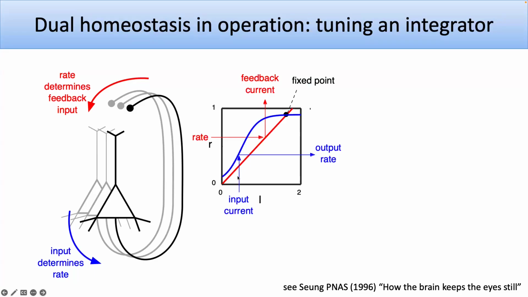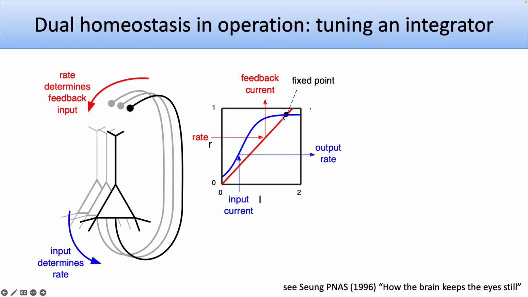But the basic idea visually is this: you have feedback to the bunch of cells, which is proportional to their firing rate. And that feedback is going to cross the input-output curve, if there's no other input, at just one point, which would be a fixed point.